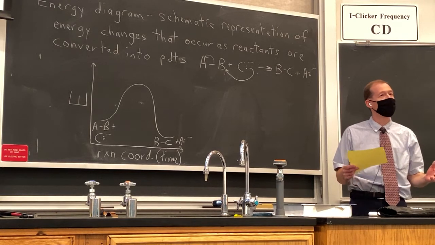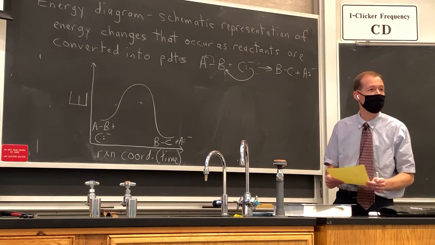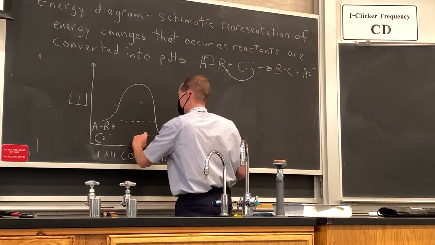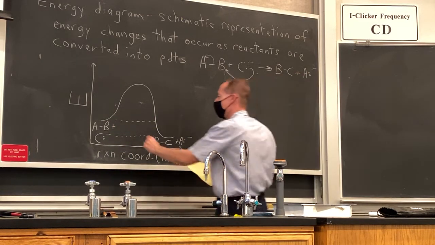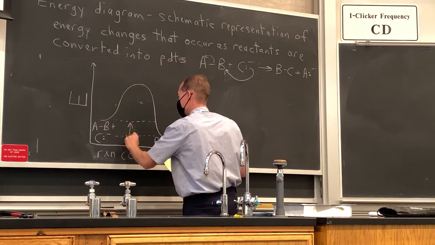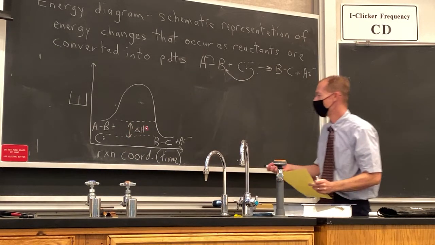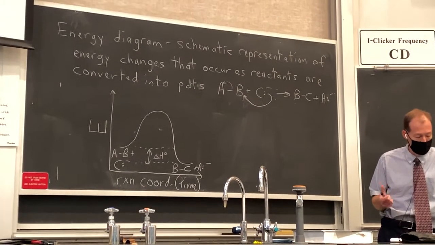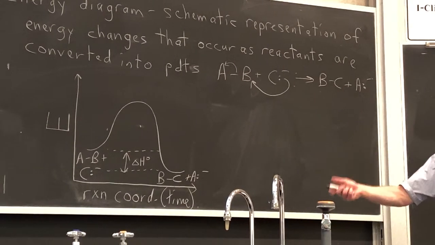So a couple of important parameters that we can glean from an energy diagram. If we look at the relative energies of the reactants and the products, that difference is going to be our delta H for the reaction. Okay. And that delta H is going to be essentially the same as the delta G.